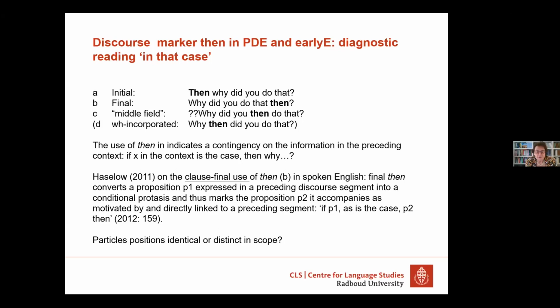An interesting question, of course, is whether these four particle positions have identical readings and have identical scope. I have no doubt that question is going to be raised at some point.